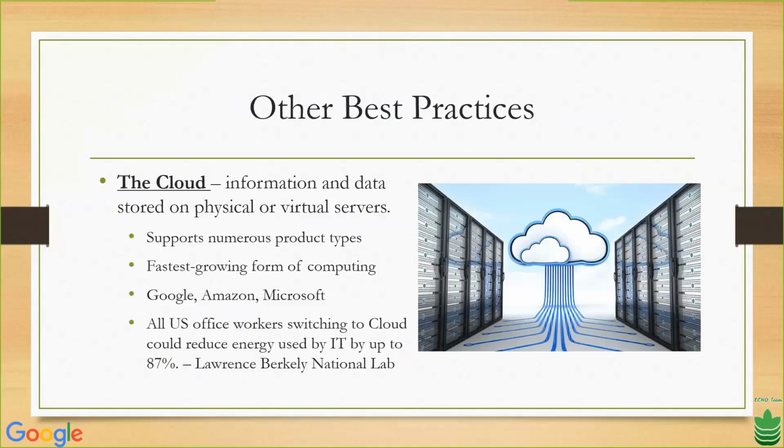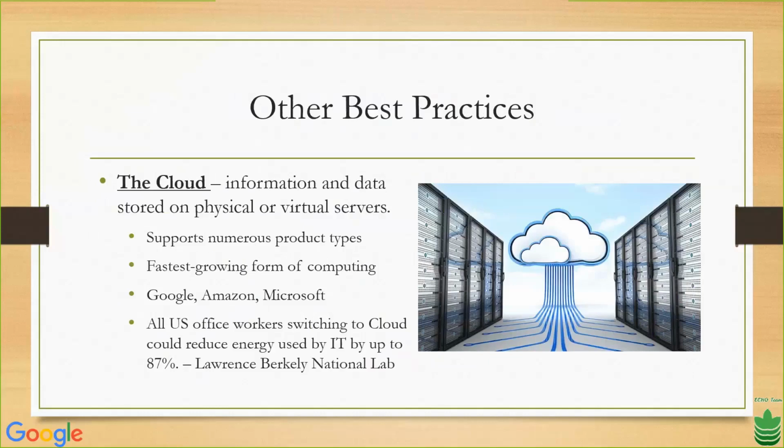Okay, according to our textbook, companies spent $175 million on cloud infrastructure in 2014, which was 20% over the previous year, outsourcing data center services. It is the fastest growing form of computing today.